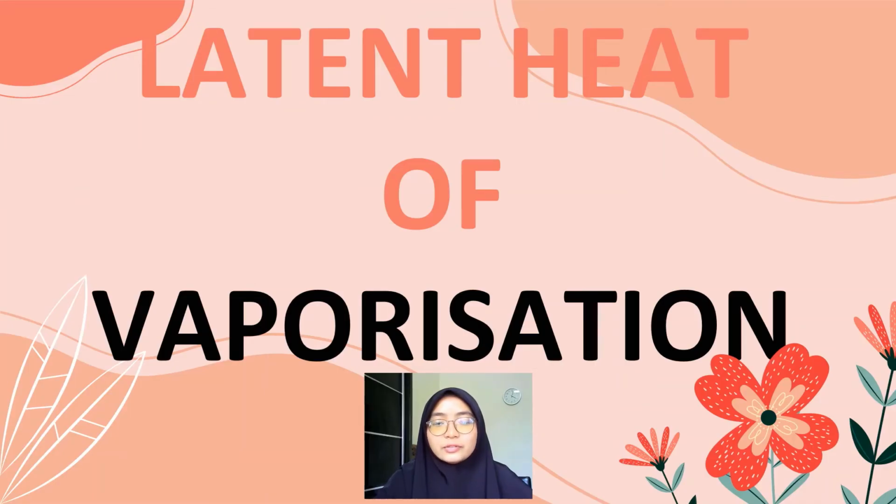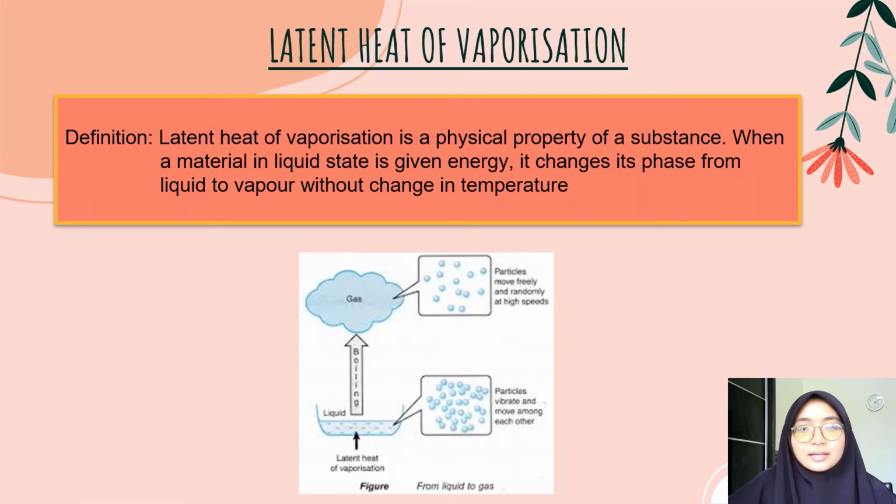Next, I will move to latent heat of vaporization. So what does latent heat of vaporization mean? Latent heat of vaporization is a physical property of a substance. When a material in liquid state is given energy, it changes its phase from liquid to vapor without change in temperature. The particles in the gas are in continuous random motion, which means they are much further apart from the particles in a liquid state.